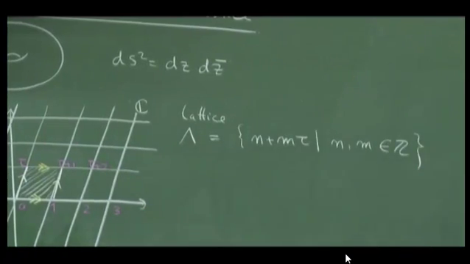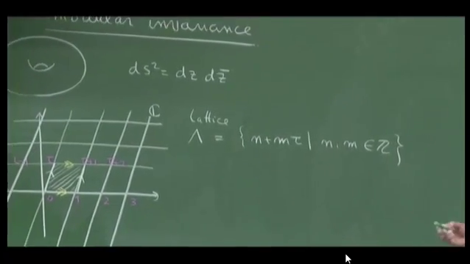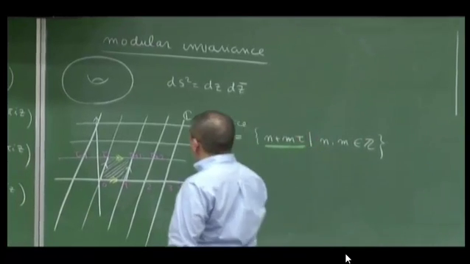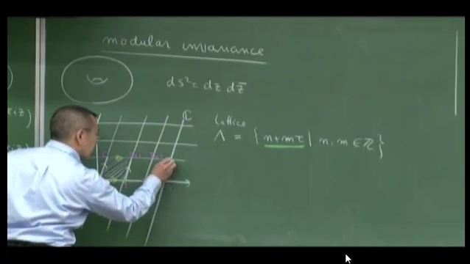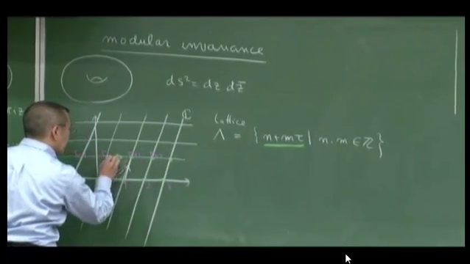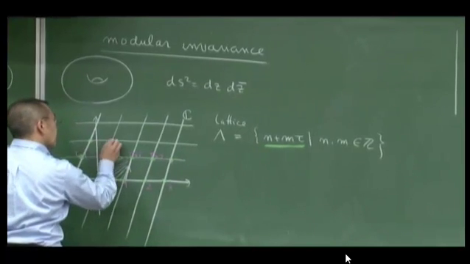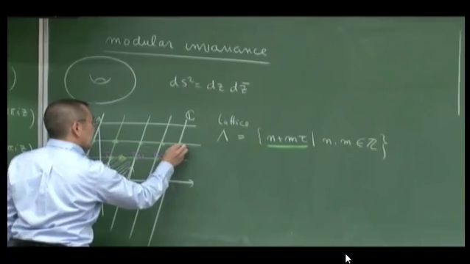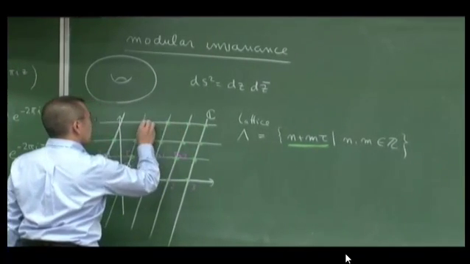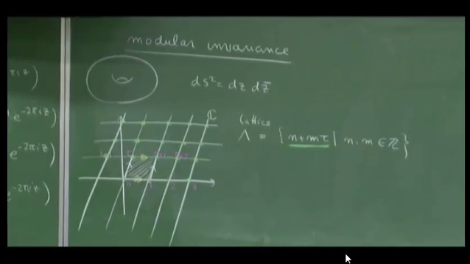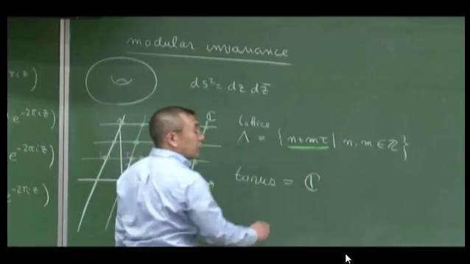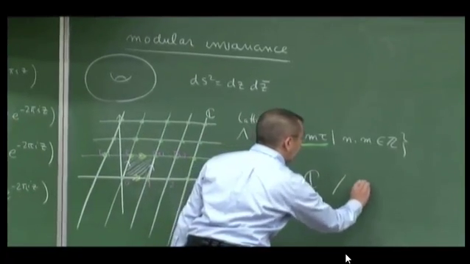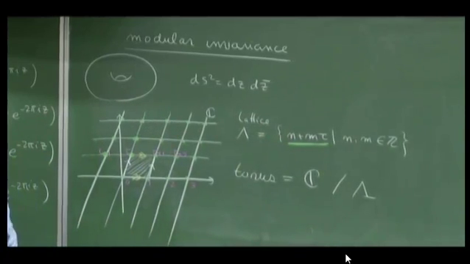This lattice lambda, these lattice points lambda, are these points here. Okay, so then we can say that this torus is the same as the two-dimensional complex plane, but divided by translation by this lattice.